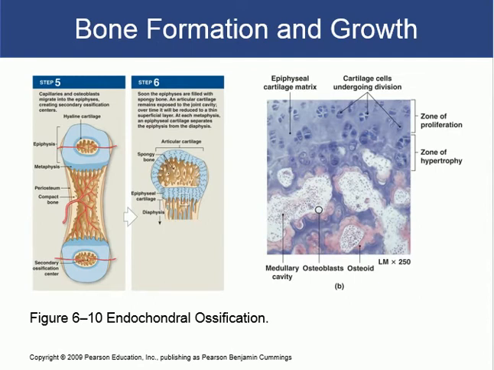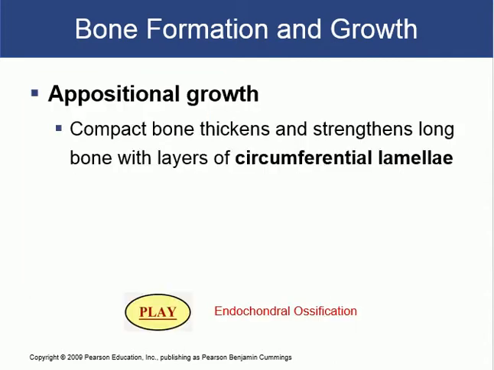And then other blood vessels start to invade the epiphysis itself. So now you have the diaphysis, epiphysis, and then the metaphysis is what's left in between those two layers until you actually have the cavity and the spongy bone within the epiphysis, and now you have the actual bone.